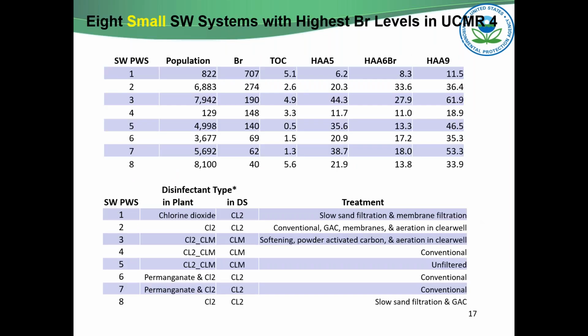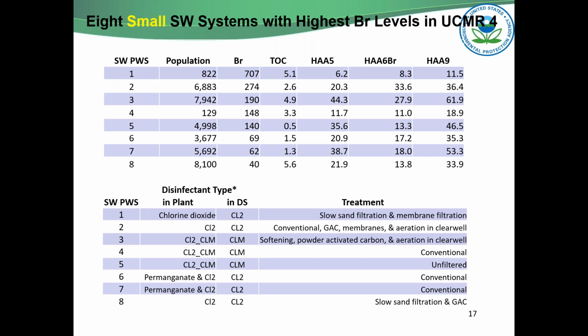Now here, this is slide 17, you see a slide listing the 8 small surface water systems with the highest bromide levels in UCMR4. Again, this is a relatively small sample set relative to what we will have when the UCMR4 data set is totally completed.